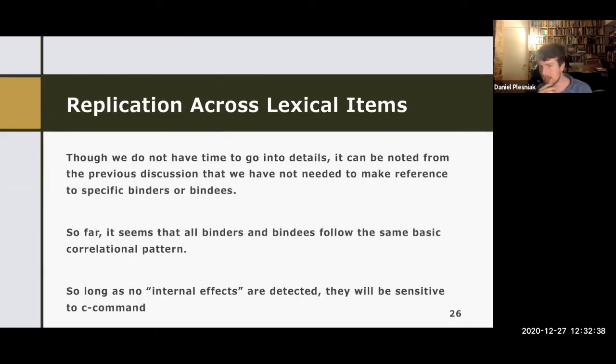And so it seems, as far as we have yet found, and there may be exceptions out there, that the binders and bindees we've looked at so far are all following the same basic pattern: so long as there aren't these internal effects going on and there aren't precedence issues, they will be pretty much perfectly sensitive to C-command when it comes to BVA. We'll see a little more about why one might care about this when we look at other languages, but there has been a lot of discussion recently about some bindees being logophores, inherently not sensitive to structure.